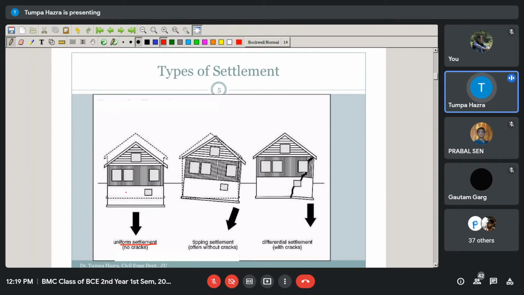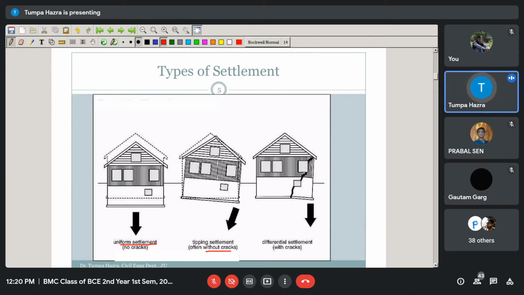But if the settlement is unequal but within the permissible limit, then there may be tilting of the building.